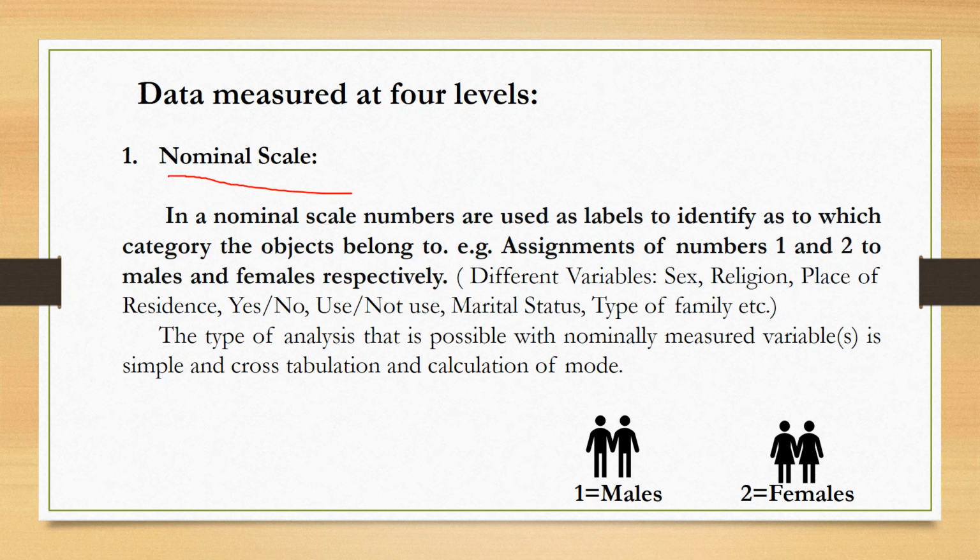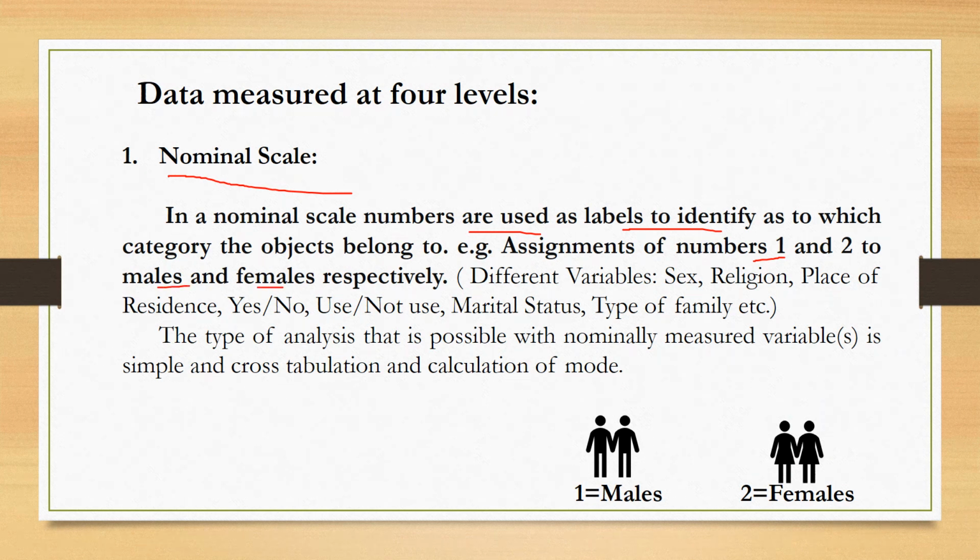In a nominal scale, numbers are used as labels to identify which category the object belongs to. For example, assignment of numbers 1 and 2 for males and females respectively.